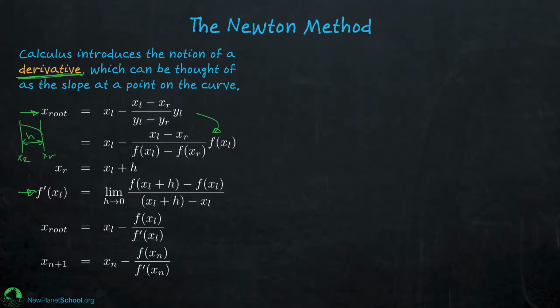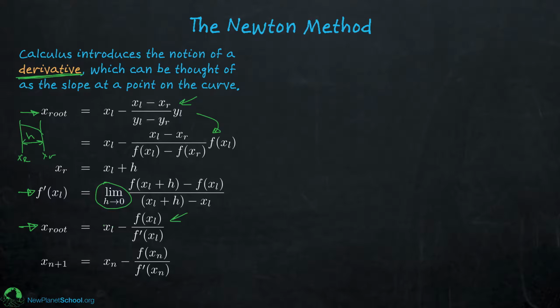So if I use this fact from calculus, the best root I can find, notice that what this is right here is 1 over the derivative. So what I get is that a better formula for the root uses this, which is basically taking the limit, which is what calculus is, to go from this formula to this formula.